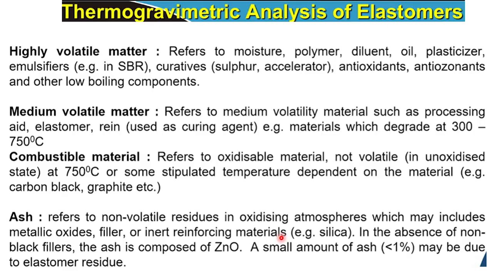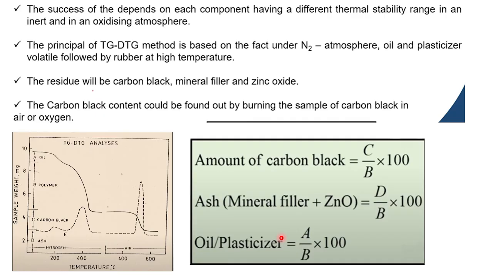And ash content refers to the non-volatile residue that will remain after the TGA testing in oxidizing atmosphere, which may include metallic oxide, filler or inert reinforcing material, for example silica. In the absence of non-black filler, the ash is composed of zinc oxide, and a small amount of ash less than 1% may be due to the elastomer residue. So you can also measure how much carbon black by measuring the height where thermal degradation takes place.